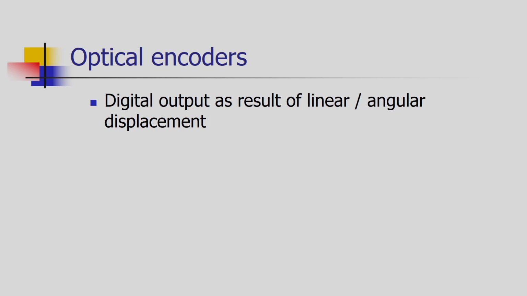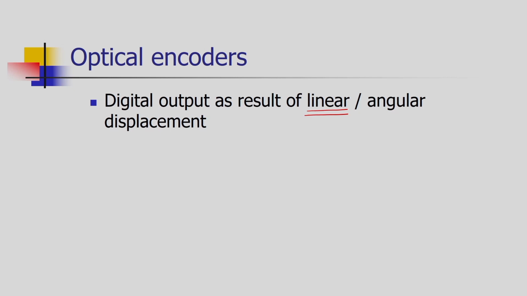In optical encoders, we are getting digital output as a result of linear or angular displacement. So here linear means the same methodology can be used. Instead of a rotating disc, we can have a translatory disc. It's a perforated disc with holes, or a strip we can say.